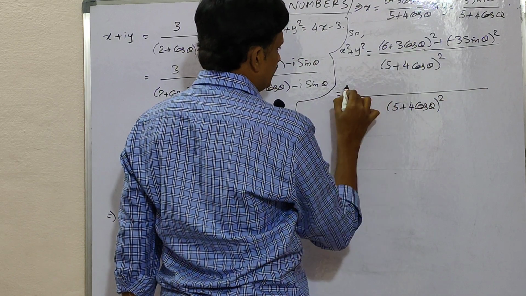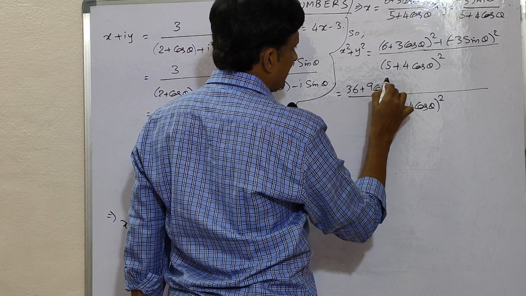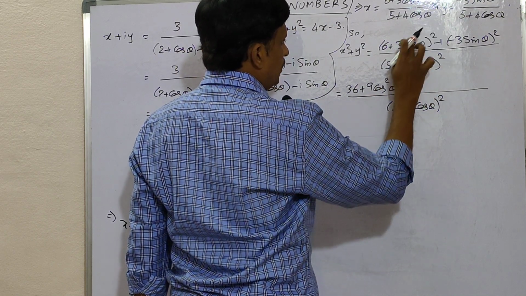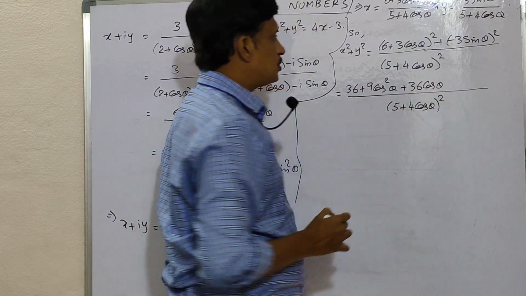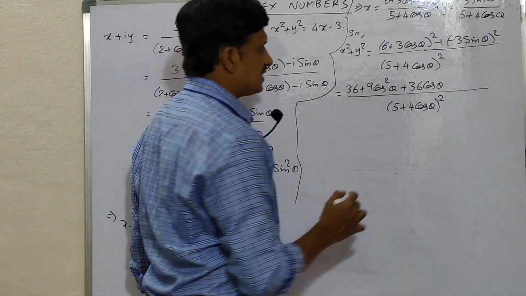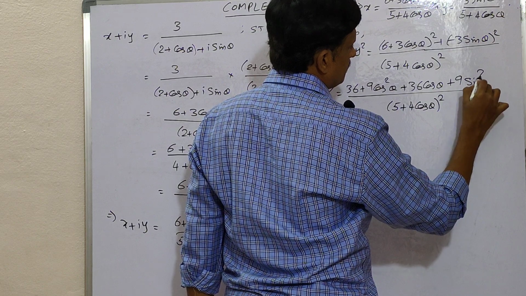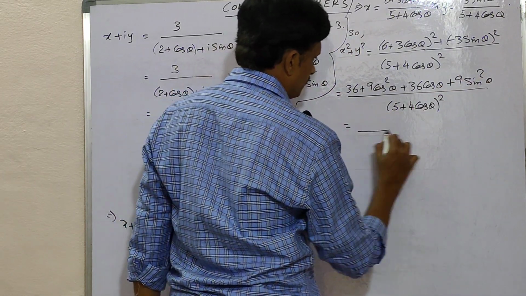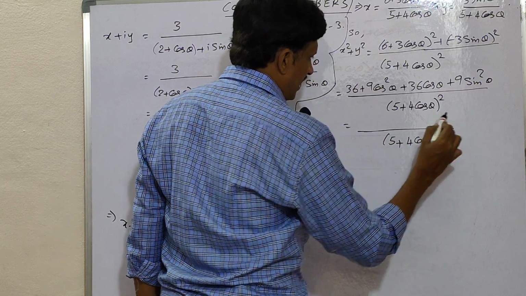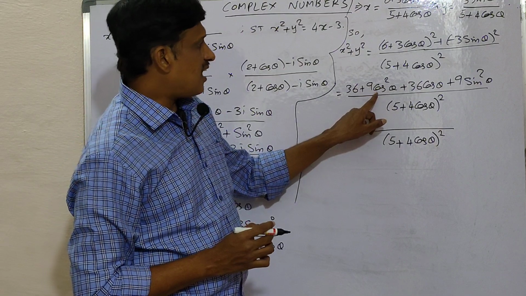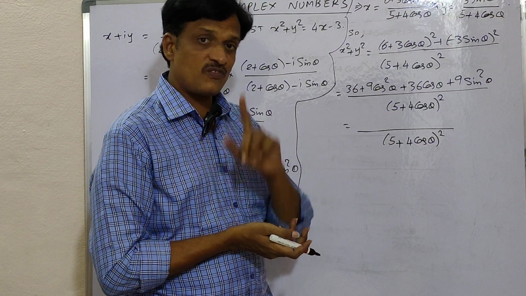Here the numerator is 6 square, which is 36, plus (3 cos theta) whole square, that is 9 cos square theta, plus 2ab, which means 2 into 6, 12, into 3, 36 cos theta. This is plus (minus 3) whole square, that is 9 sin square theta. So the denominator is (5 plus 4 cos theta) whole square, and now the numerator is 9 cos square theta plus 9 sin square theta, which gives 9 into (cos square theta plus sin square theta), which is 1.